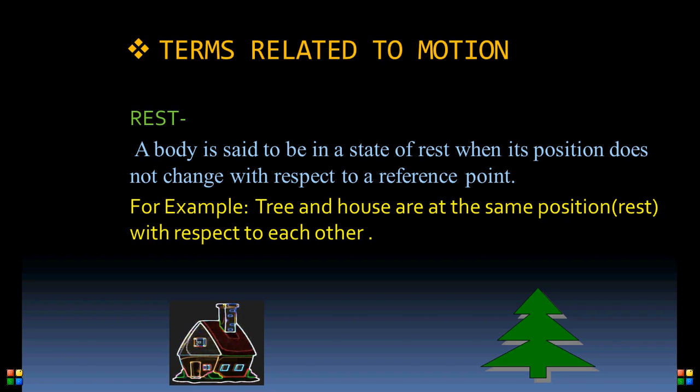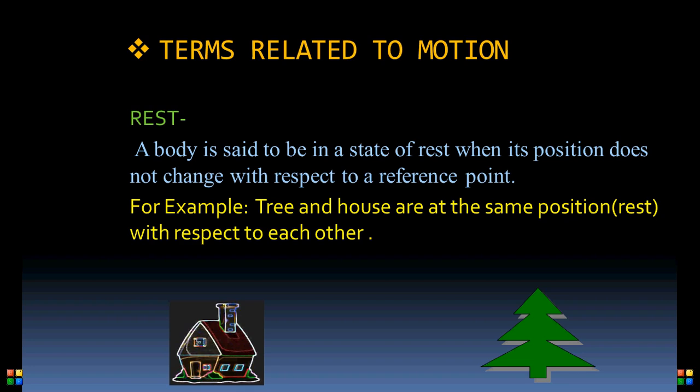Even after 5 hours or 5 days or 5 years, if we observe it, these things will be at the same position. It means that their position does not change with respect to time. So these things are at rest.